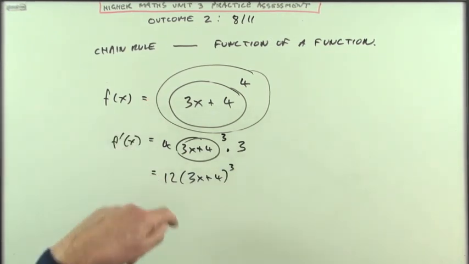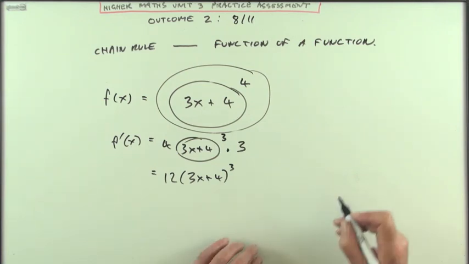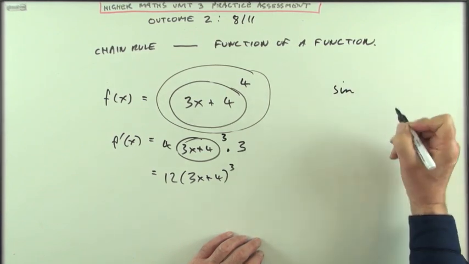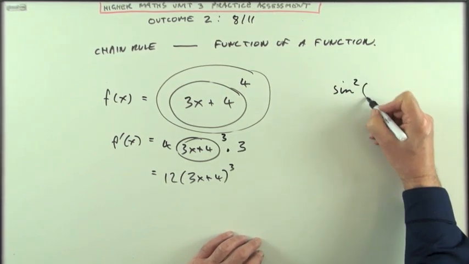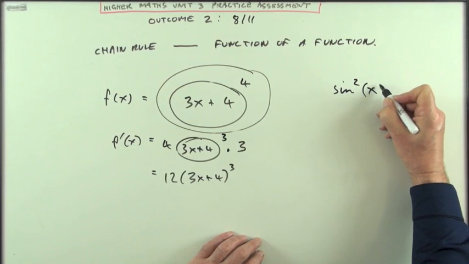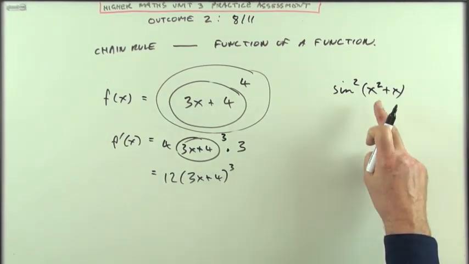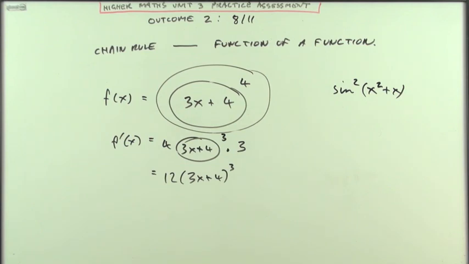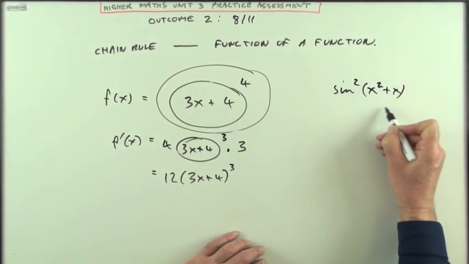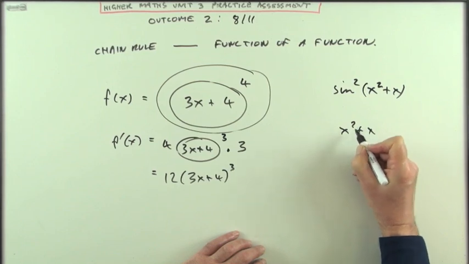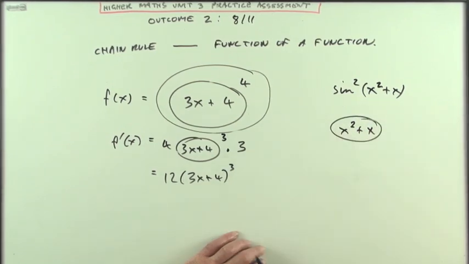Now you could get deeper layers of functions than that. You could have something like the sine squared of x squared plus x. There's actually 3 layers of functions there. You start off with this function, x squared plus x. It produces an answer.